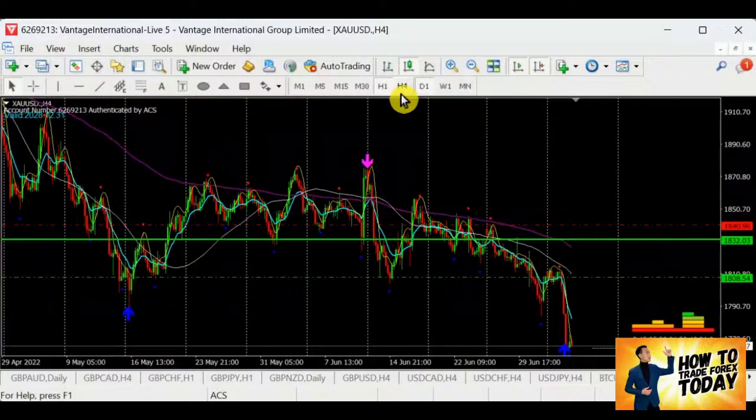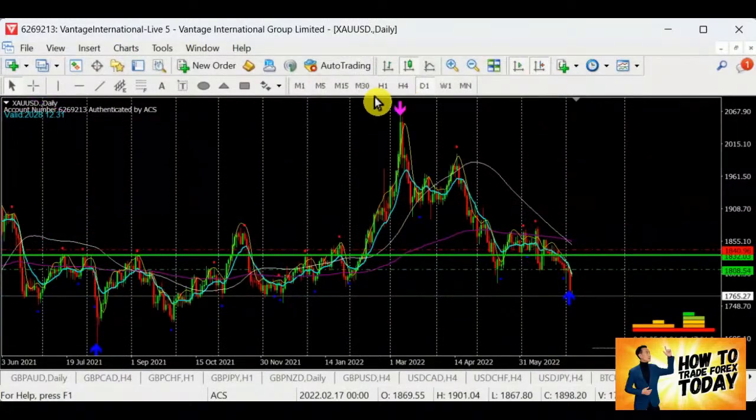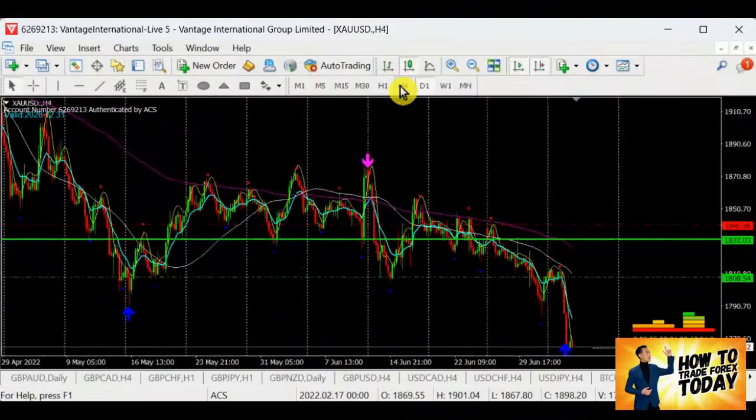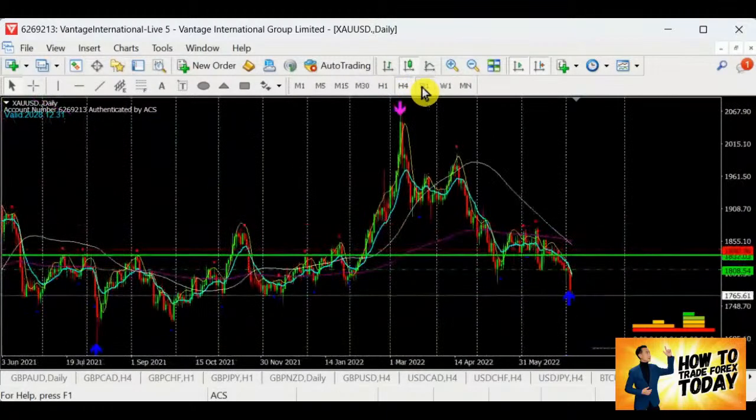At this point of time, I would suggest selling for this gold over here. Tentatively, I guess this is still not as good, so I will stay away first, just to monitor.